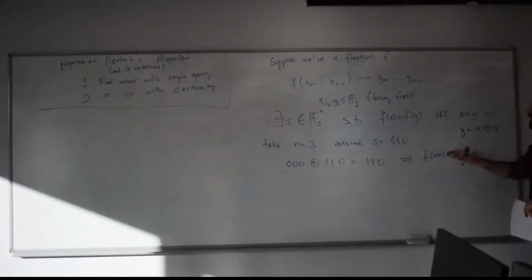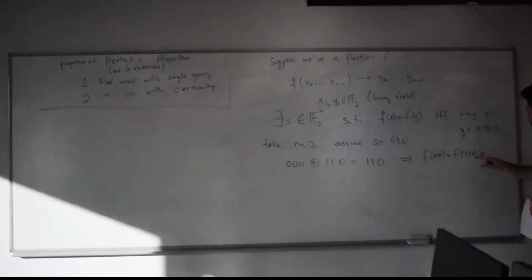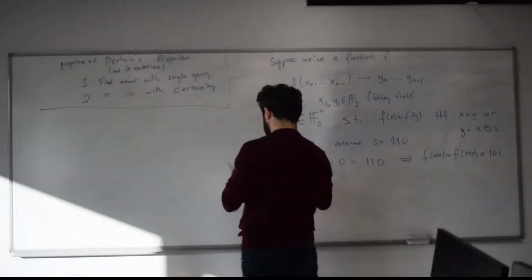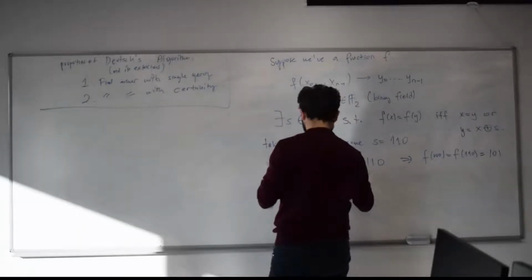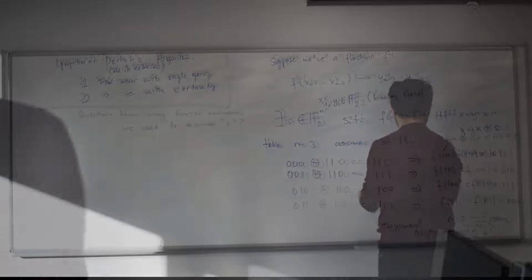And let's assume, because it's a function that maps n bits to n bits, that this output is 101, let's say. Let's do it for the other one, 001 XOR with 110, we get 111.